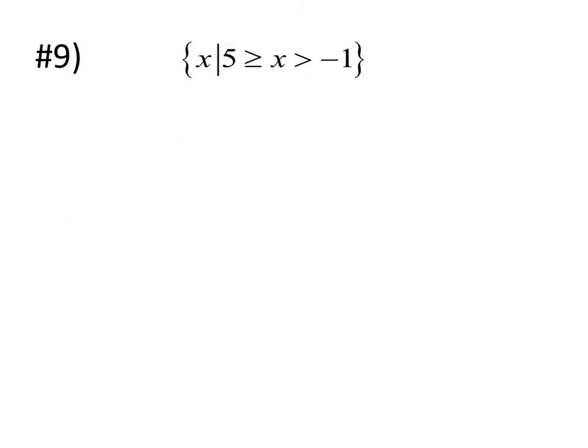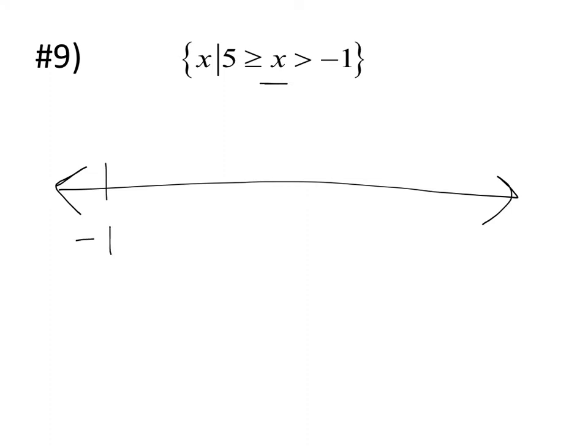Same situation here, x is between these two numbers, so I'm going to go ahead and graph them. It's in a weird order, right? But I've got -1 here, 0, 1, 2, 3, 4, 5. And I have x is greater than -1 if I'm reading that, but not equal to.